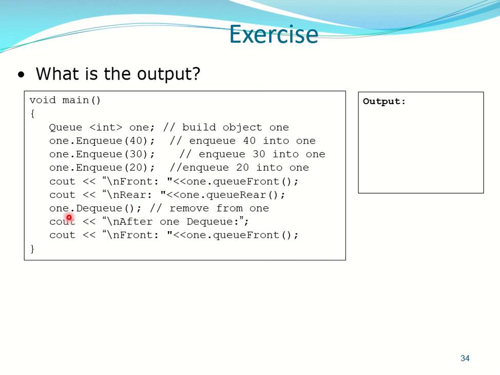Now, you do the dequeue. That means you remove the front of the queue. That means you remove what? You remove 40. So then what will be the next front here? 30. So this will be the answer. Front 40, rear 20. After one dequeue, then front will be 30. Okay, all the best.